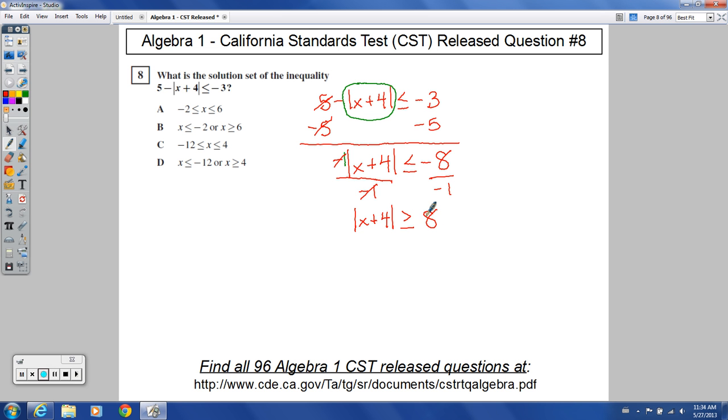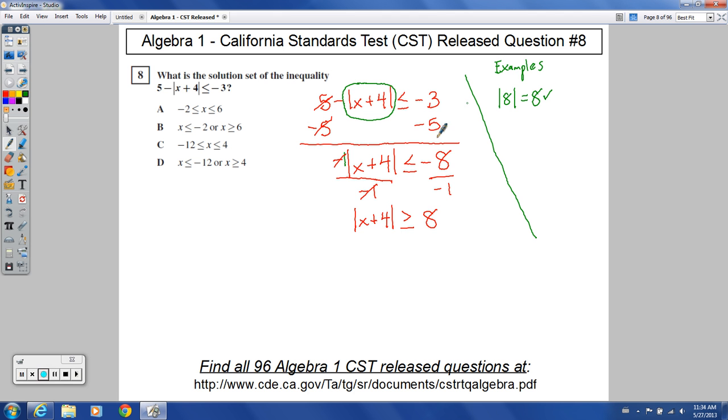And so you're thinking, okay, what numbers, after I take the absolute value of them, would be greater than or equal to 8? So let's think about that off to the side. If I took the absolute value of 8, that's going to equal 8.